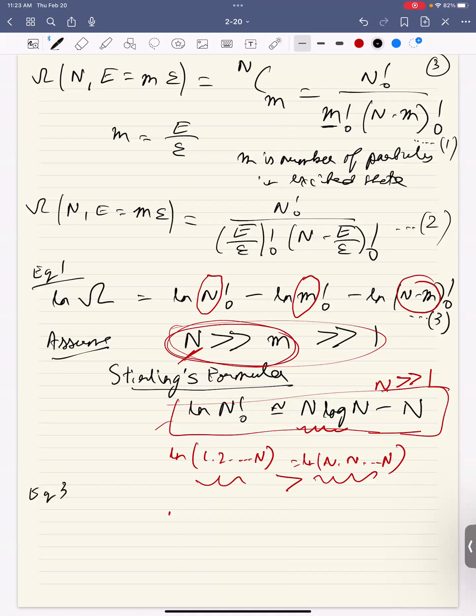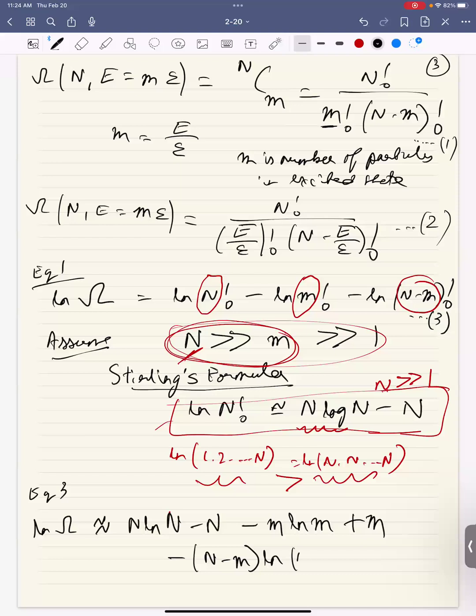Equation 3 gives ln omega is approximately n ln n minus n, minus m ln m plus m, minus n minus m ln n minus m, plus n minus m.